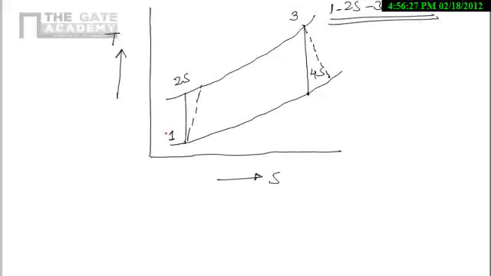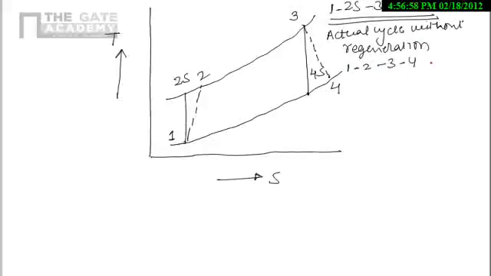So we have 1, 2, 3, 4, 1, which is the actual cycle without regeneration, because we are not considering regeneration in these processes.